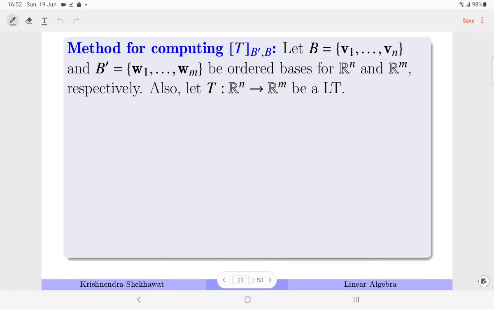Okay, now this method I have already discussed in the section change of basis. I am not going into the detail of how this method has come, but this helps us to reduce the computation.